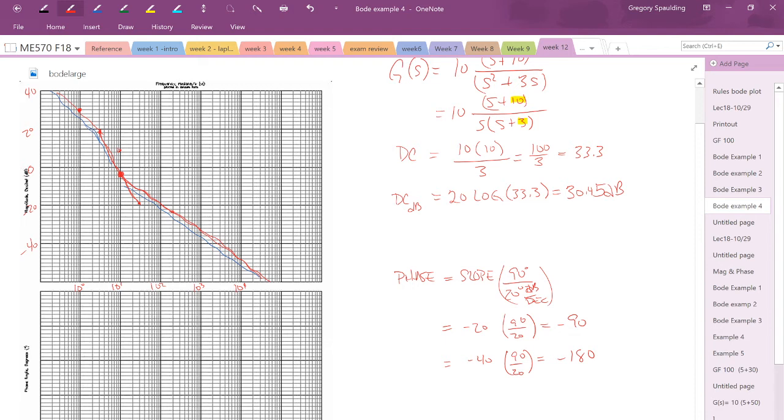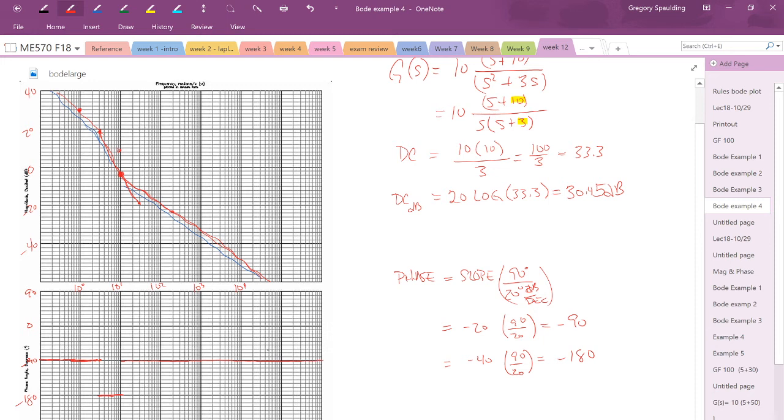So we start off at minus 90, run minus 90 over to 3, then shift to minus 180 to 10, and then go back to minus 90 again. So we're going to get a little dip in this.